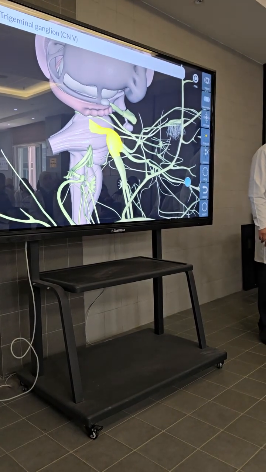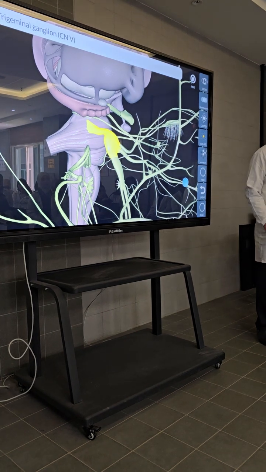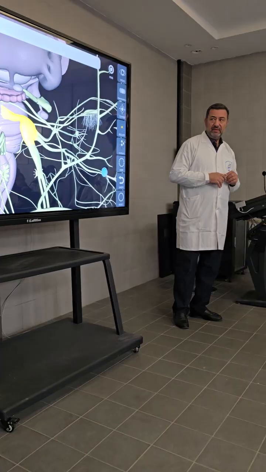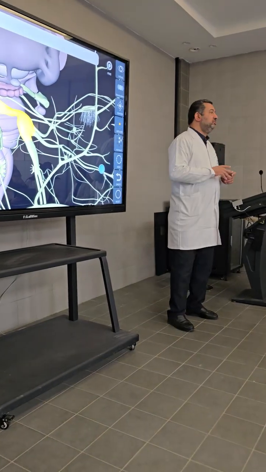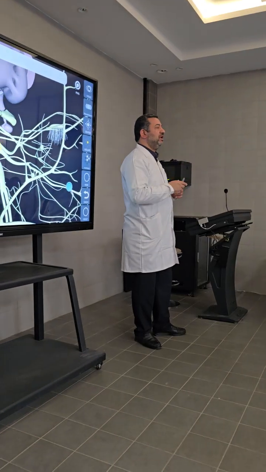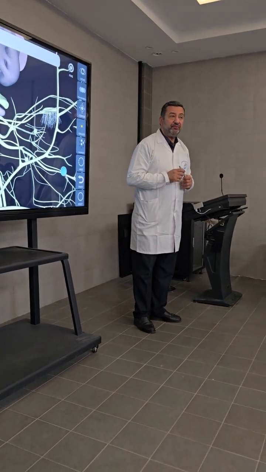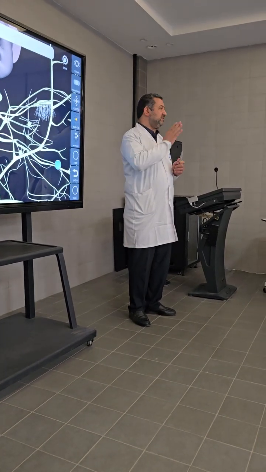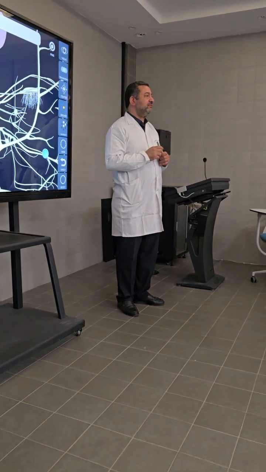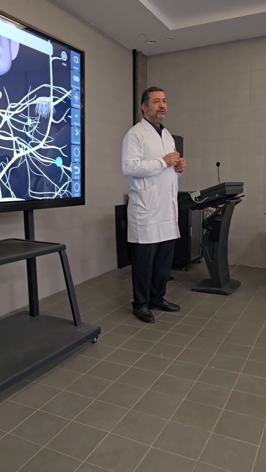The trigeminal nerve emerges from the anterolateral or lateral surface of the pons, and goes anteriorly, passing over the superior surface of the apex of the petrous part of the temporal bone.